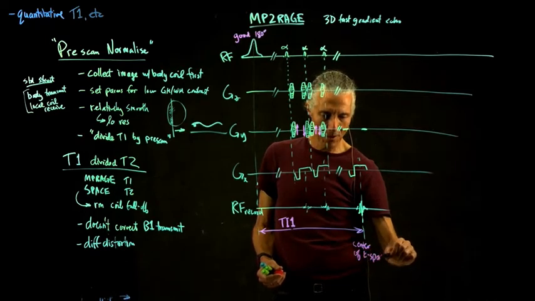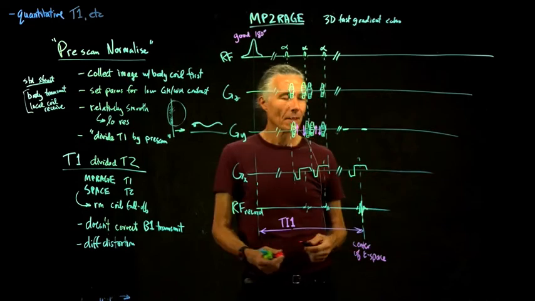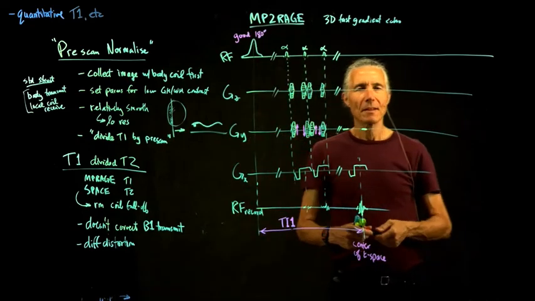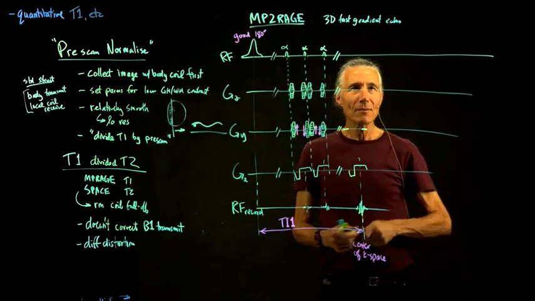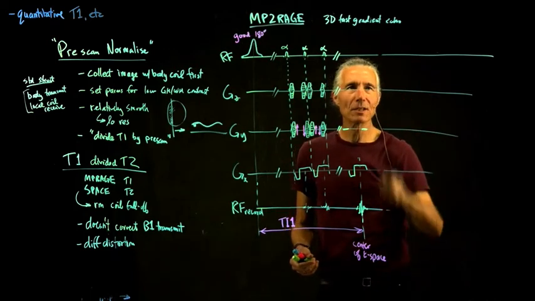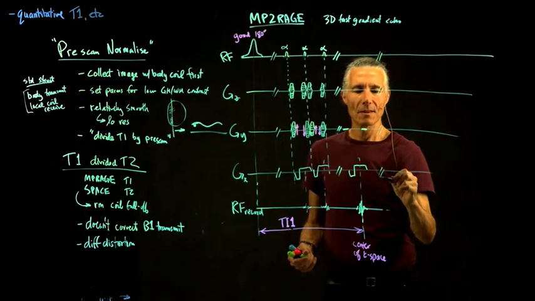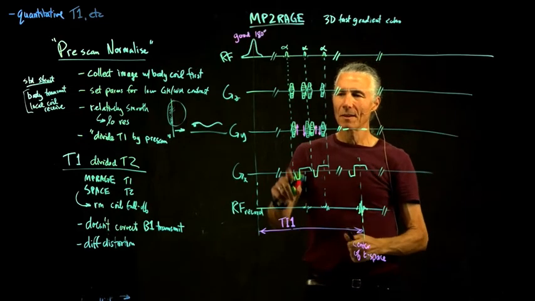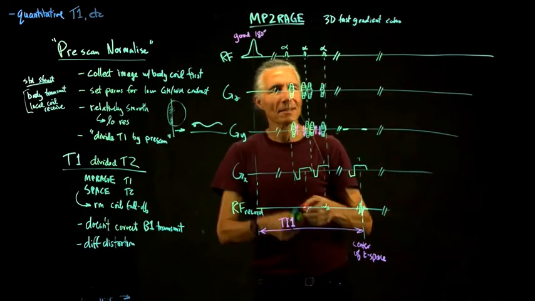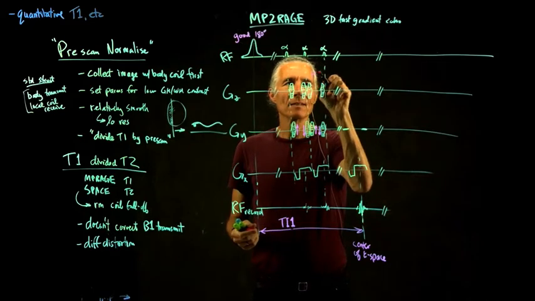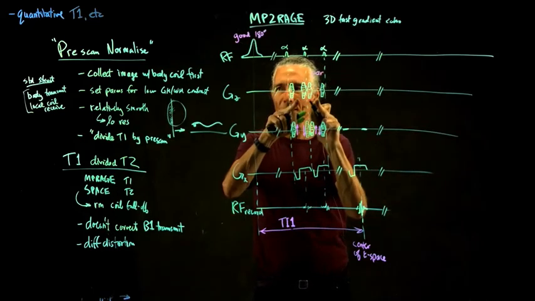So we collect a whole set of data, and then we collect a whole another set of data. So then we finish up collecting one partition. So remember, this is the partition direction. So these gradients would be for one partition.